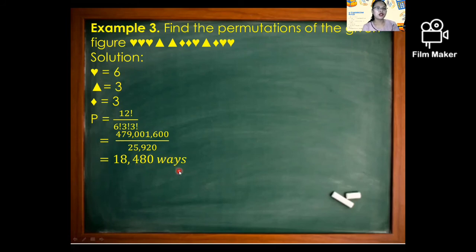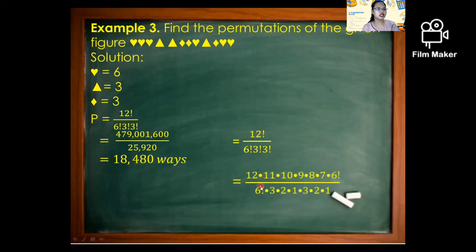Tingnan naman natin paano ang gagawin kapag cancellation. Cancellation naman ulit, lagay natin yung given, expand natin siya. So, pag in-expand natin, so that is now 12 times 11 times 10 times 9 times 8 times 7 times 6. Bakit naging 6 factorial na lang po? Kasi kung mapapansin natin sa denominator, meron tayong 6 factorial para at least hindi na ganun kahaba. So, pwede tayo doon mag-stop sa 6 factorial.